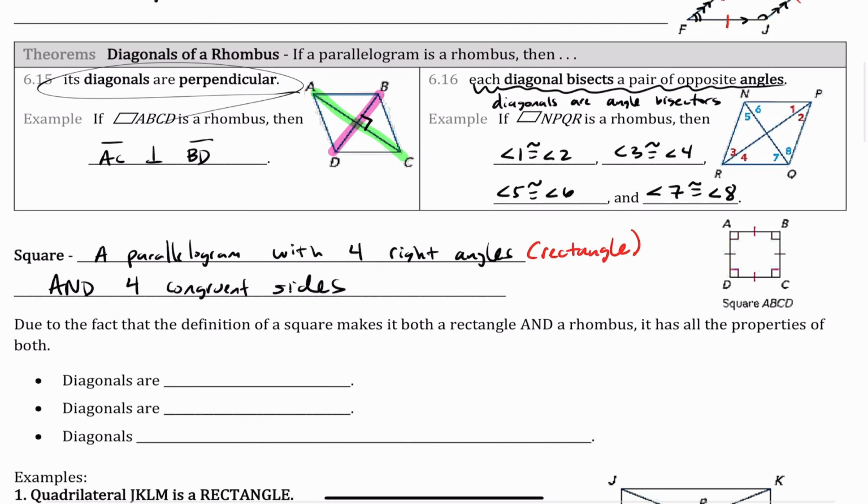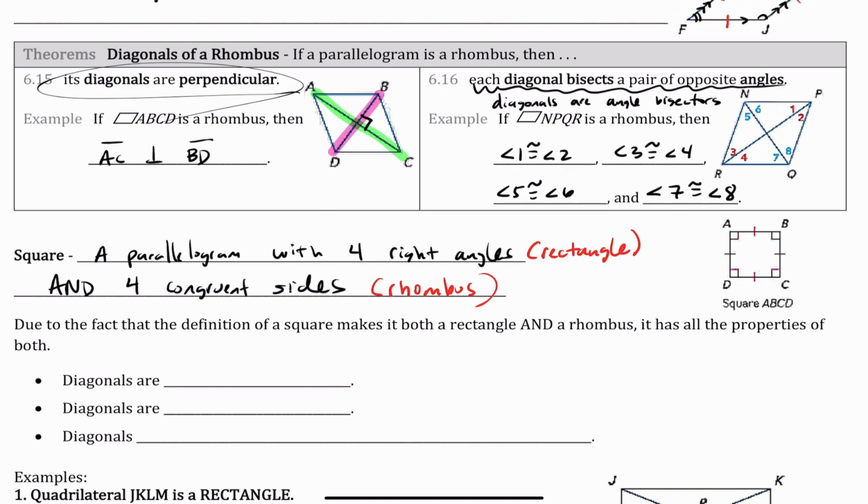So that just steals the idea from a rhombus. So due to the fact that the definition of a square makes it both a rectangle and a rhombus, it has all the properties of both. So really, a square is a rectangle and a rhombus.